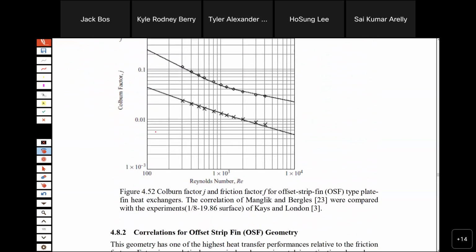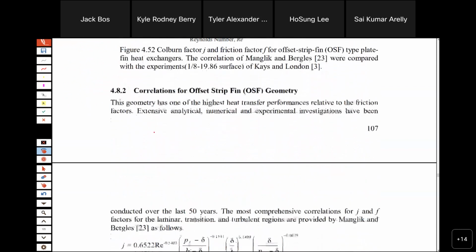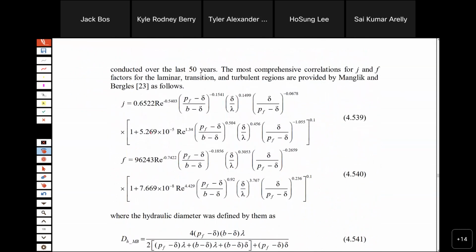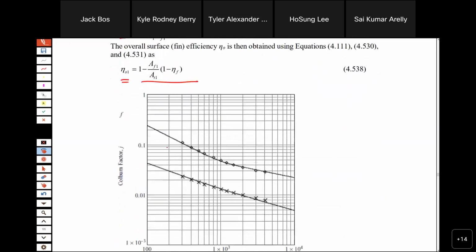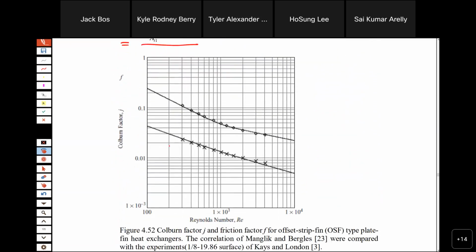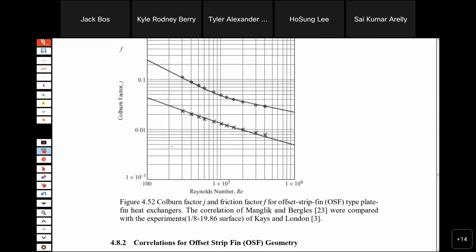Look at that for j, the Colburn factor, and f, friction factor. We found some empirical correlations, and I compared them. Usually, I'm very careful. I don't want to just use a correlation myself. This is my work.